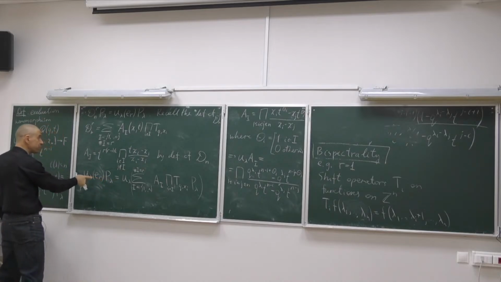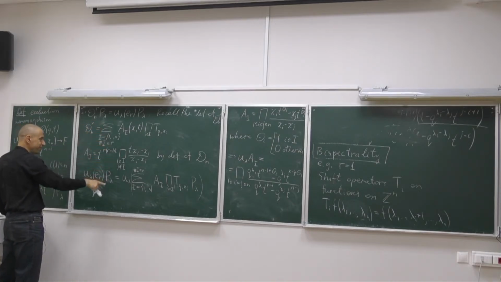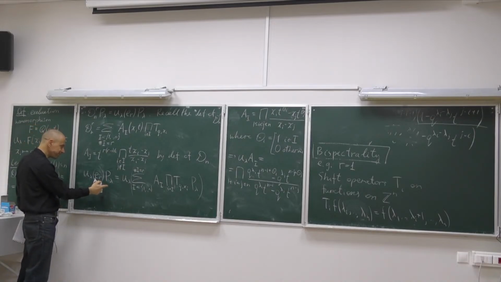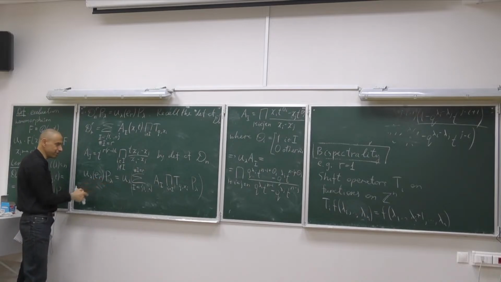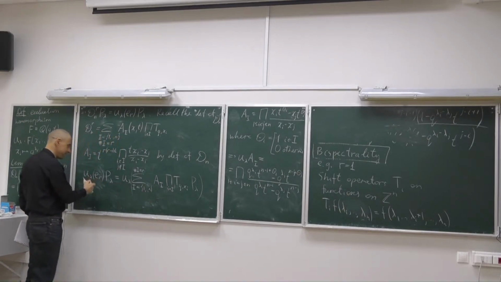Well, it's just the definition. The Macdonald operator is just this, and I know that P lambda is an eigenfunction. So in the right-hand side, maybe I should erase U lambda first.